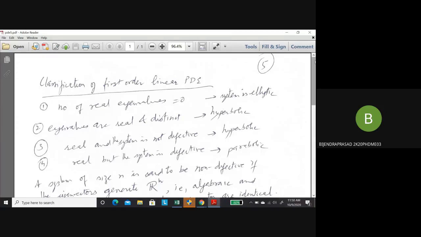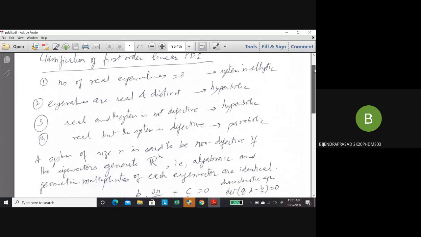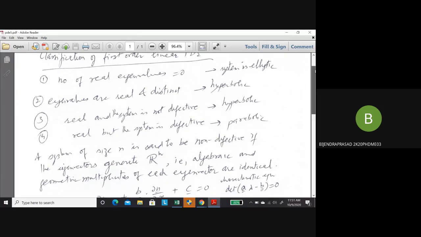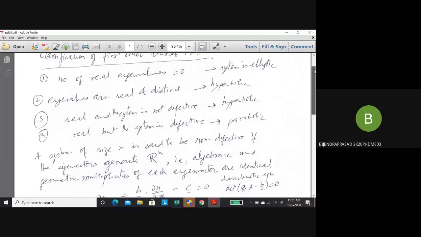Classification of first order linear partial differential equations. First, when the number of real eigenvalues is equal to 0, the system is elliptic. Second, when the eigenvalues are real and distinct, it will be hyperbolic. Third, when the eigenvalues are real and the system is not defective, it is hyperbolic.